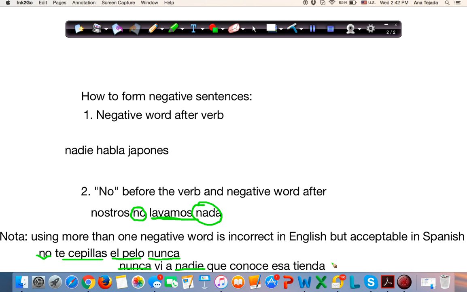However, someone would be an indefinite word in English. In Spanish, we're going to use nadie, nobody. I've never seen nobody that knows that store. Again, it's something that is discouraged in English but acceptable in Spanish.